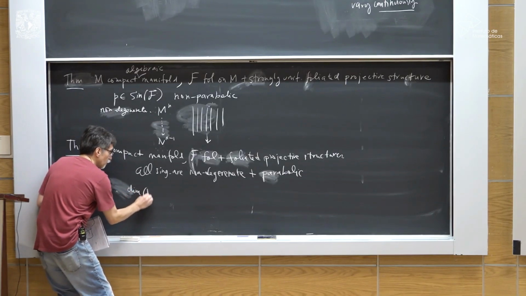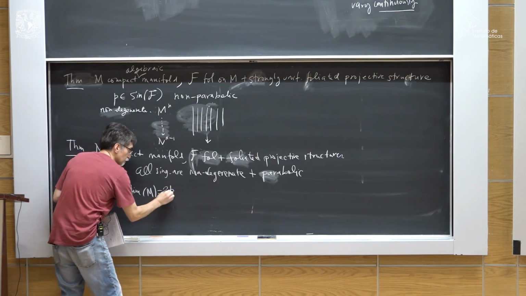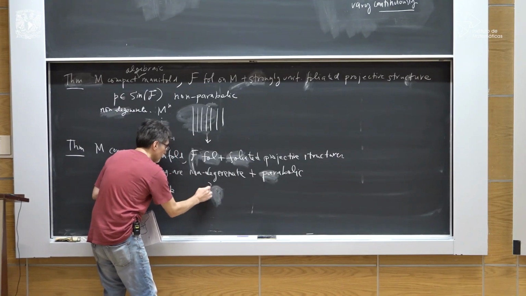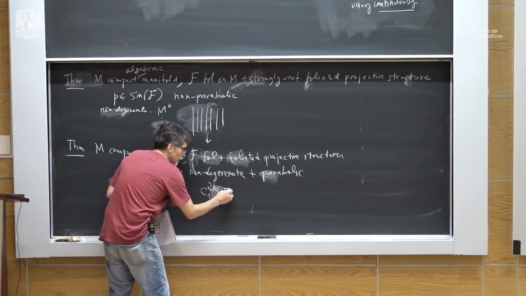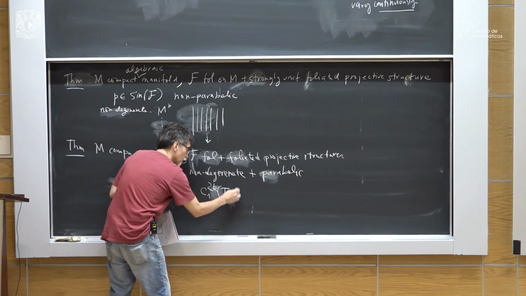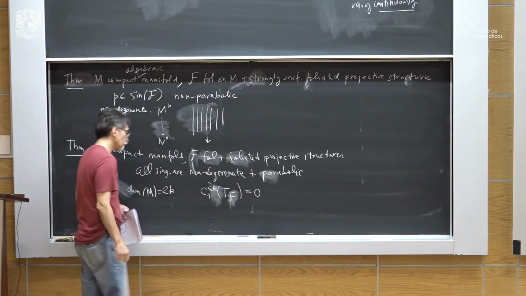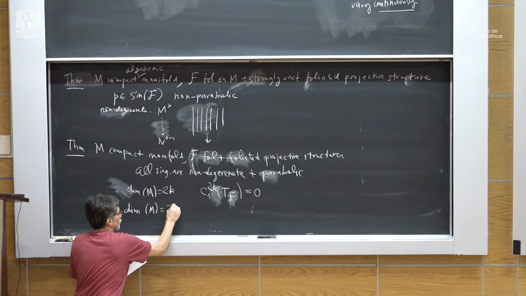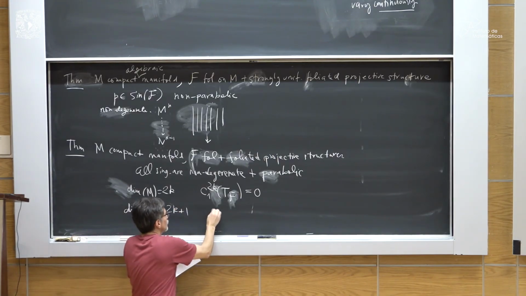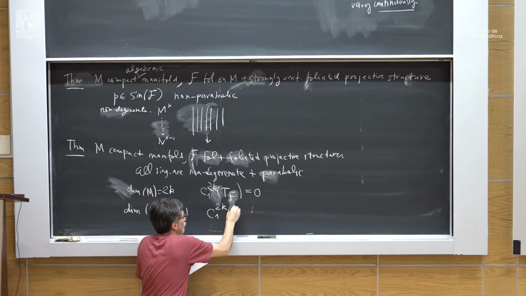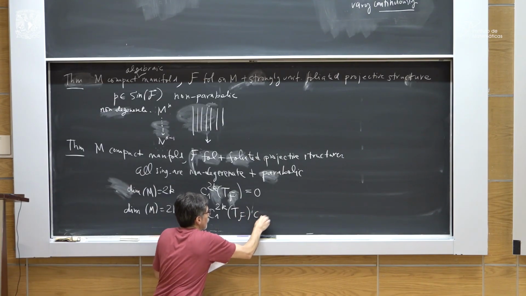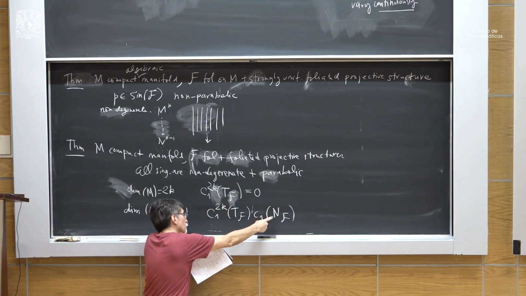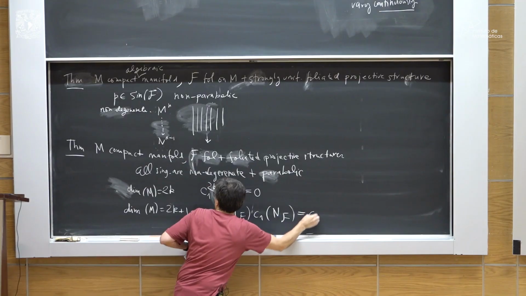So if the dimension of M is even, we have that the first Chern class to the power 2k of the tangent line bundle of the foliation is 0. And so the same holds for the normal bundle, which is a virtual bundle, but it has Chern classes 0.